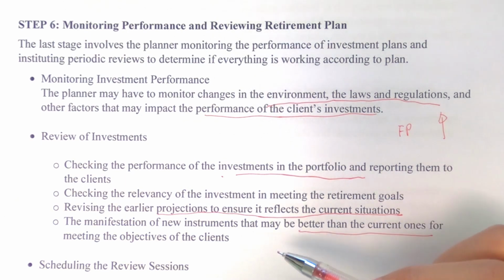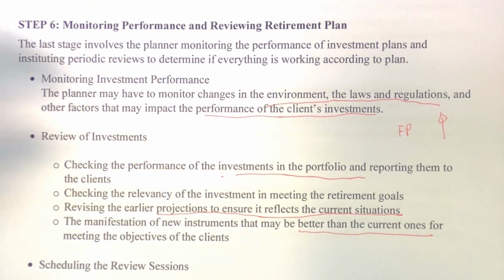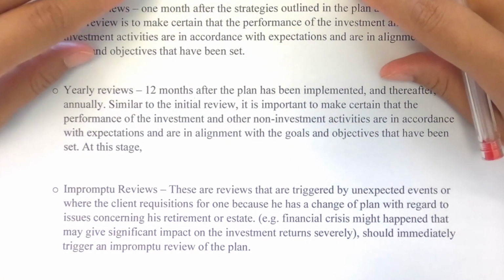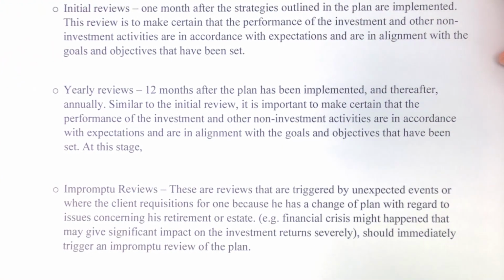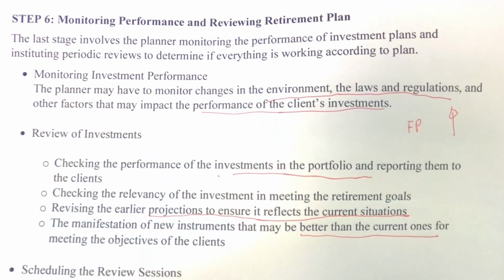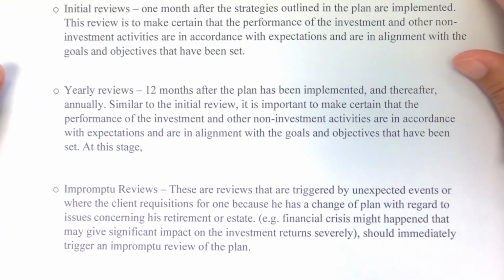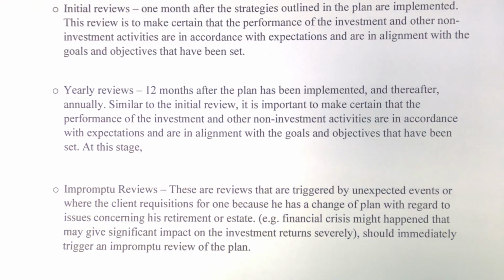The last one is about scheduling the review session, where the financial planner must also review the financial planning that has been made before, and it can be divided into 3 parts.